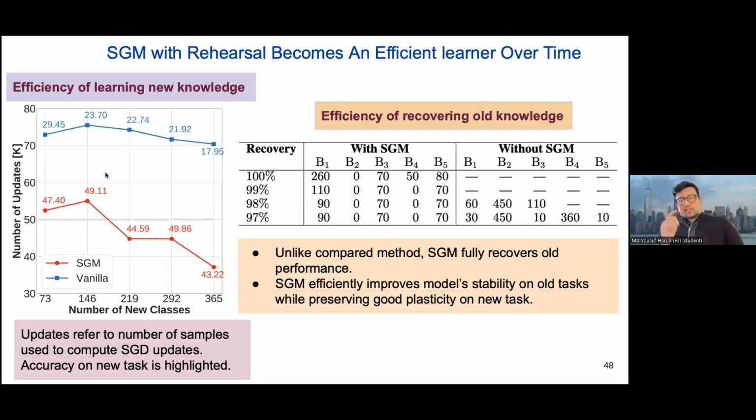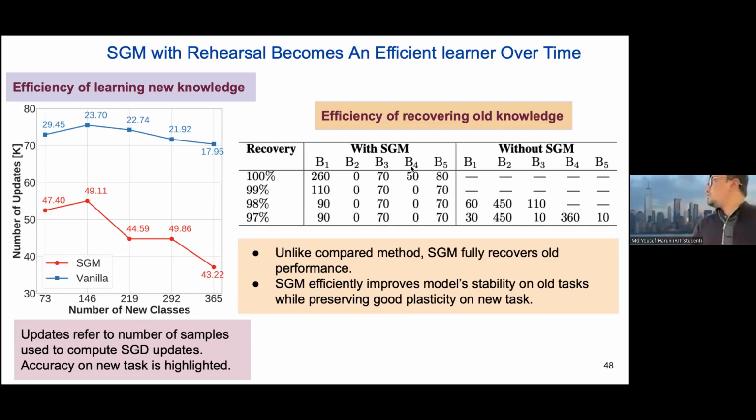This is based on learning new knowledge. How about retaining old knowledge? For this, we try to see how much compute the model requires when retaining old knowledge, and we compare with and without our mitigation approach. The hyphen means the network does not fully recover old performance, and zero means there's no drop in the old performance.